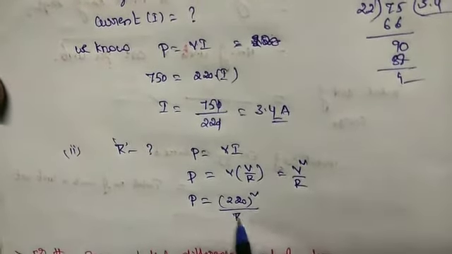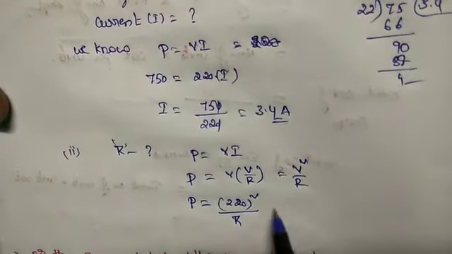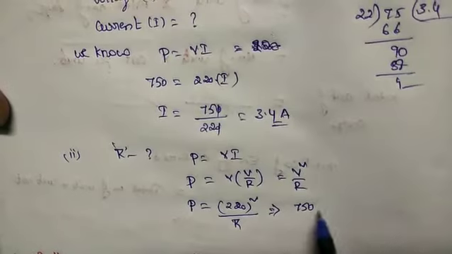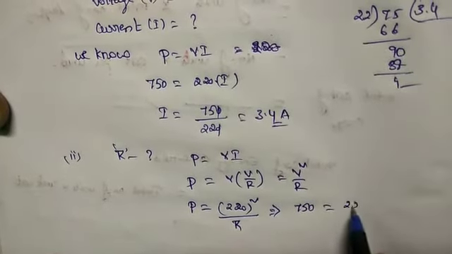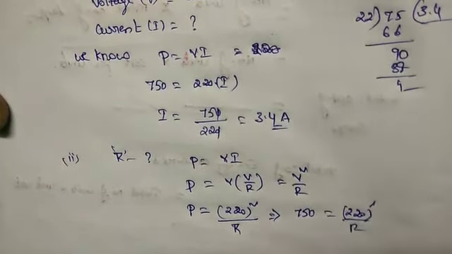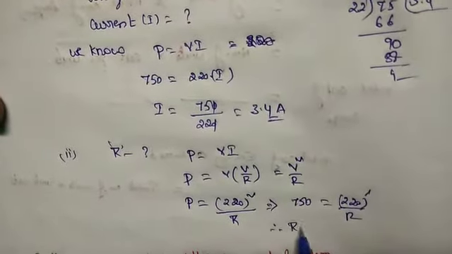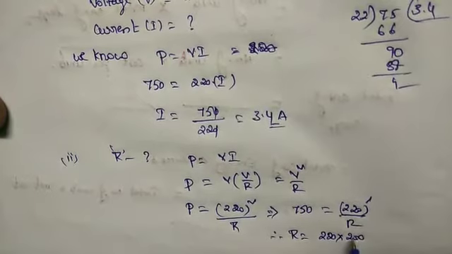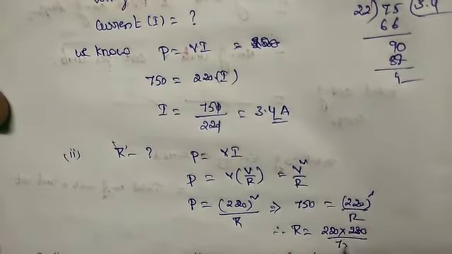The resistance we don't know, but the power is 750. So 750 is equal to 220 whole square by R. Therefore R is equal to 220 into 220 divided by 750.